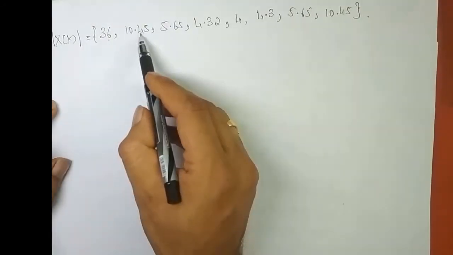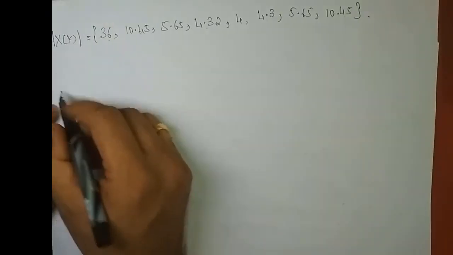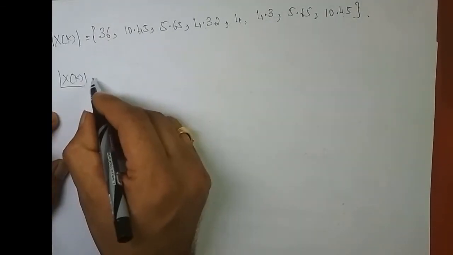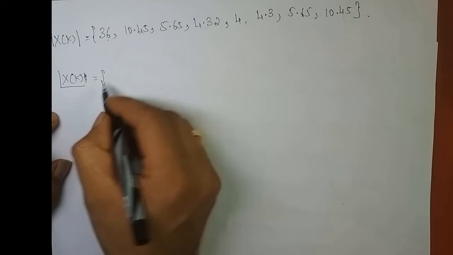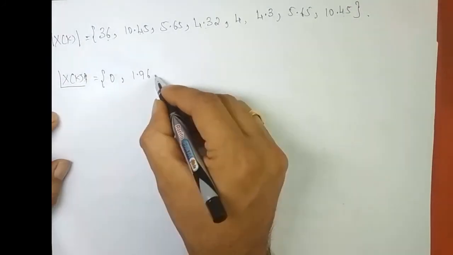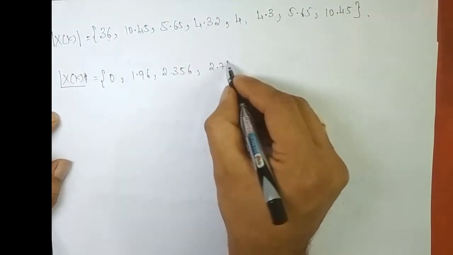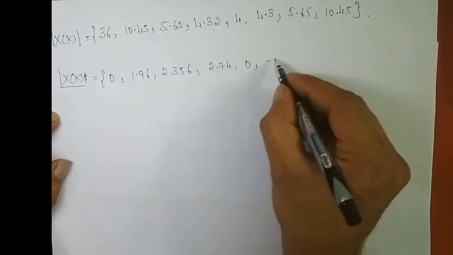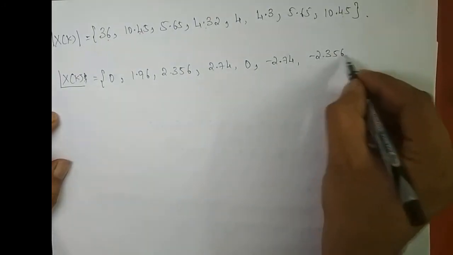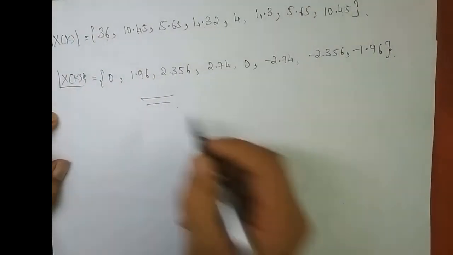This is x of 0, x of 1, x of 2, x of 3, x of 4, x of 5, x of 6, x of 7. Its magnitude. Okay. Similarly, the phase angle of x of k, we end up with 0, 1.96, 2.356, 2.74, 0, minus 2.74, minus 2.356, and minus 1.96. So this is about the phase angle.